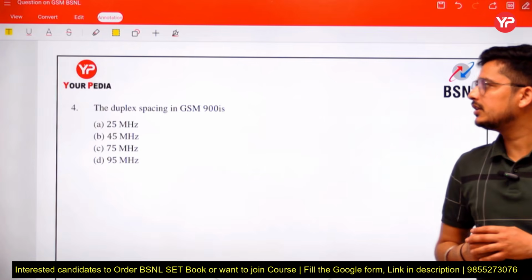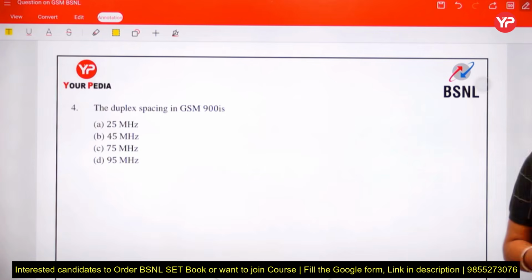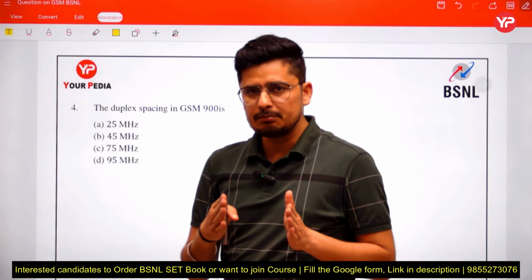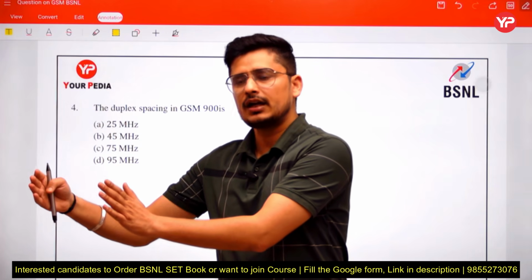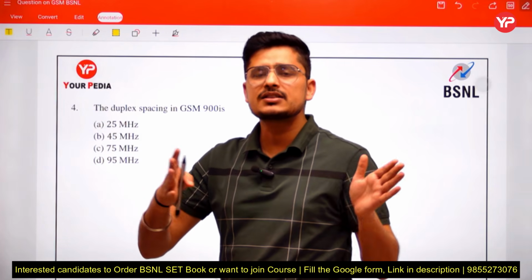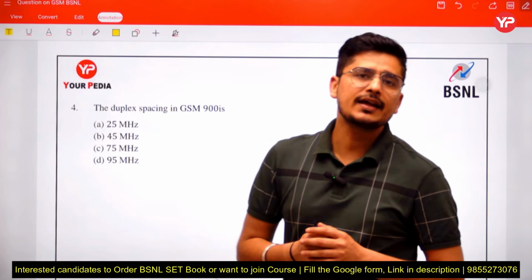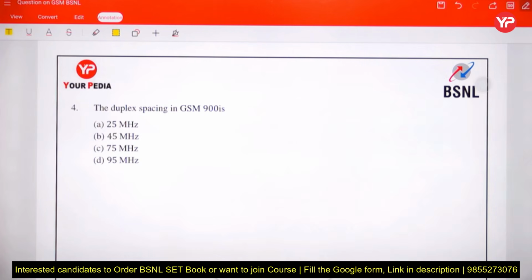Now we are talking about the duplex spacing in the GSM 900 band. Duplex spacing means: we have a separate band for uplink and a separate band for downlink. Then how much should the space be between uplink and downlink? That is called duplex spacing.